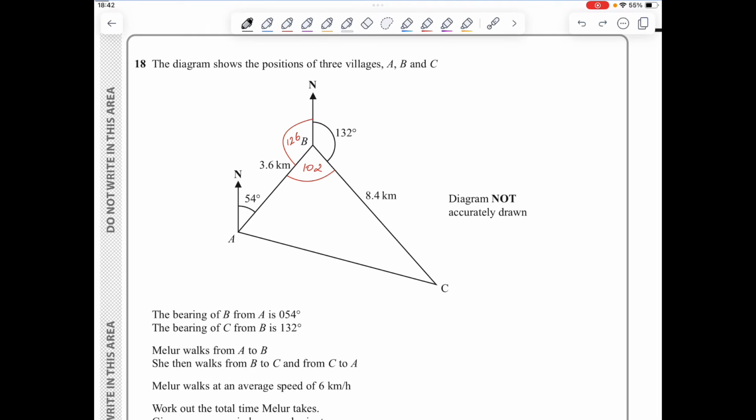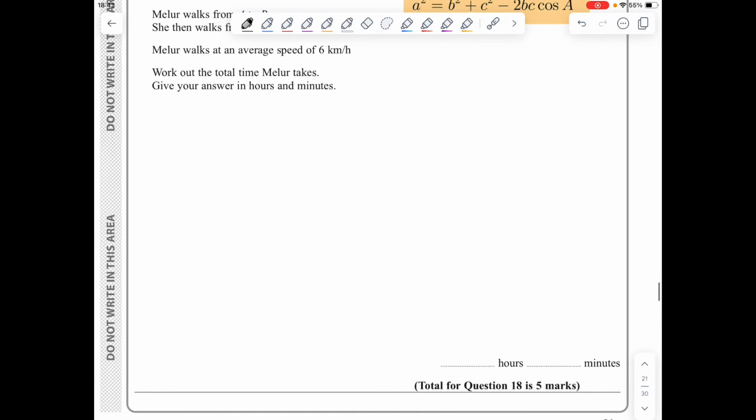So now I can proceed and use cosine rule to find AC. That's the formula for the cosine rule. This is given in the exam. So let's proceed and plug in the required numbers. So I've got AC squared is equal to 3.6 squared plus 8.4 squared minus 2 times 3.6 times 8.4 times cos of 102 degrees.